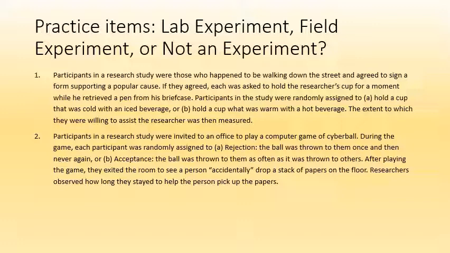After playing the game, they exited the room to see a person accidentally drop a stack of papers on the floor. Researchers observed how long they stayed to help the person pick up the papers. And in this case, we would have to conclude that it's a lab experiment because it took place in a setting that was completely controlled by the researcher. And even the person that they saw outside the office who had dropped the papers, even that person was a confederate. So there was nothing about the setting that was natural.